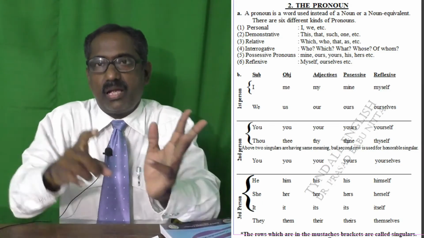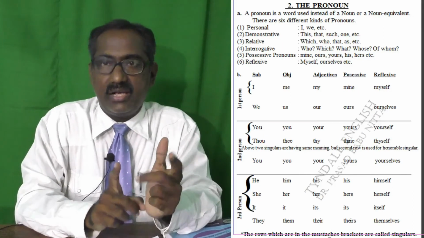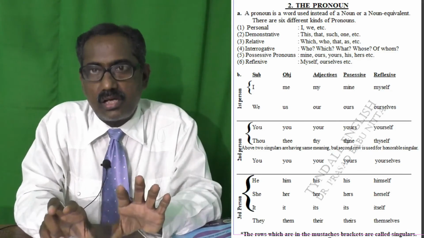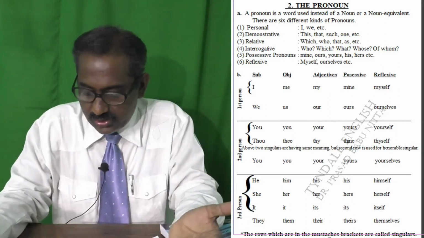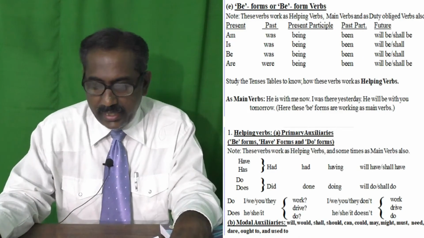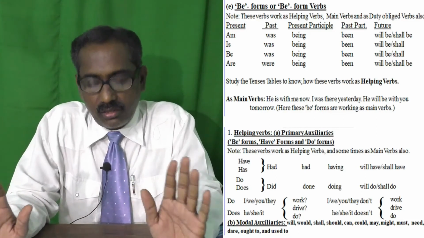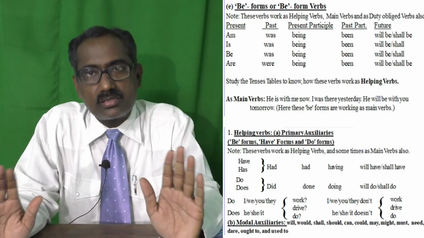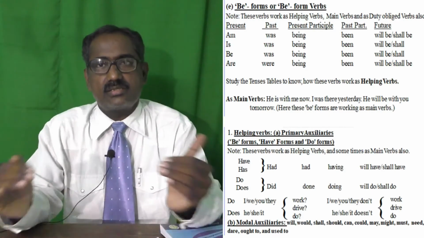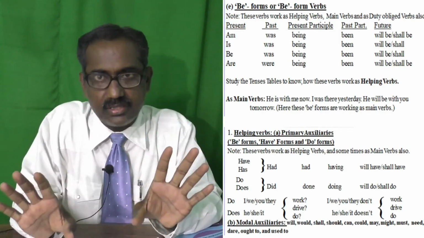That means primary auxiliaries are called be forms, do forms and have forms. And the other thing, modal auxiliaries or modal verbs: will, would, shall, should, can, could, may, might, must, need, dare, ought to and used to. These are called modal auxiliaries or modal verbs. If you learn these things clearly, you can learn all the tenses so easily.